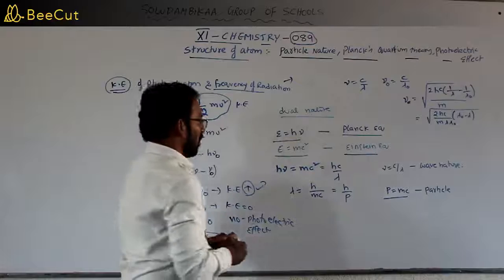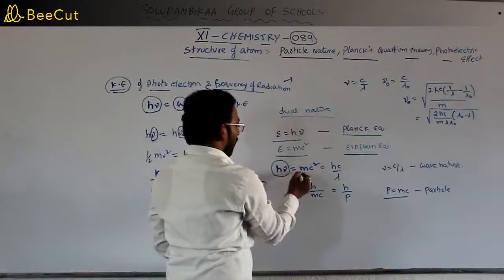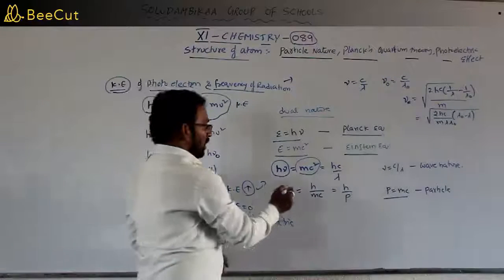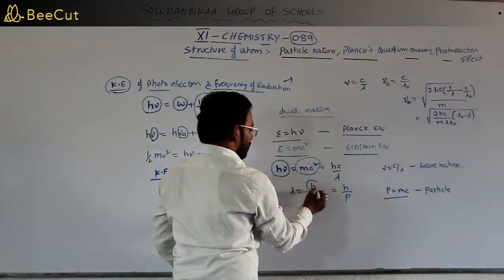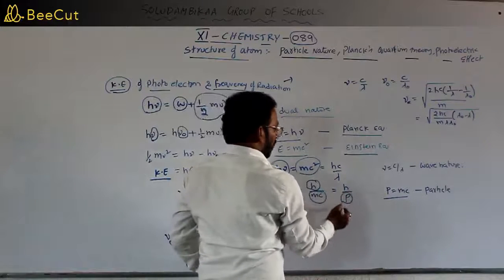Now both energies we can equate. So h nu is equal to m c square is equal to h c by lambda. Now lambda we can get with this expression: lambda is equal to h by m c, where m c is nothing but momentum.